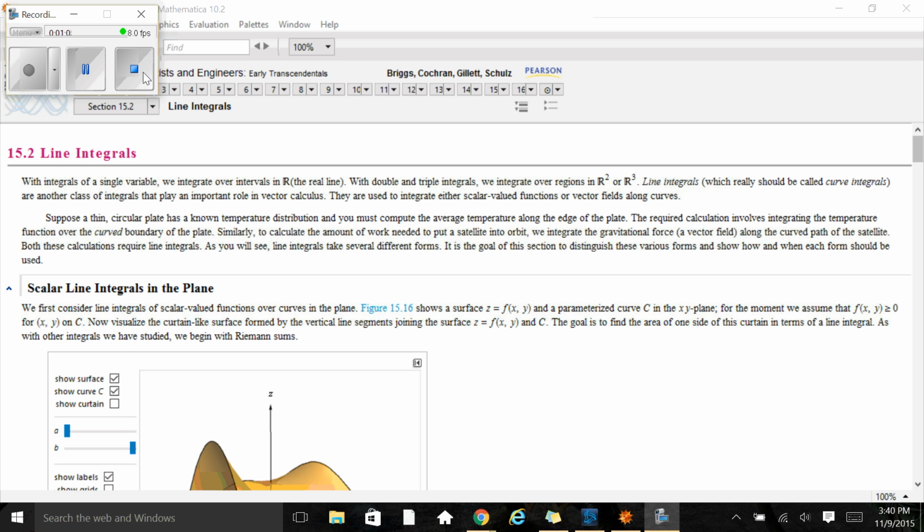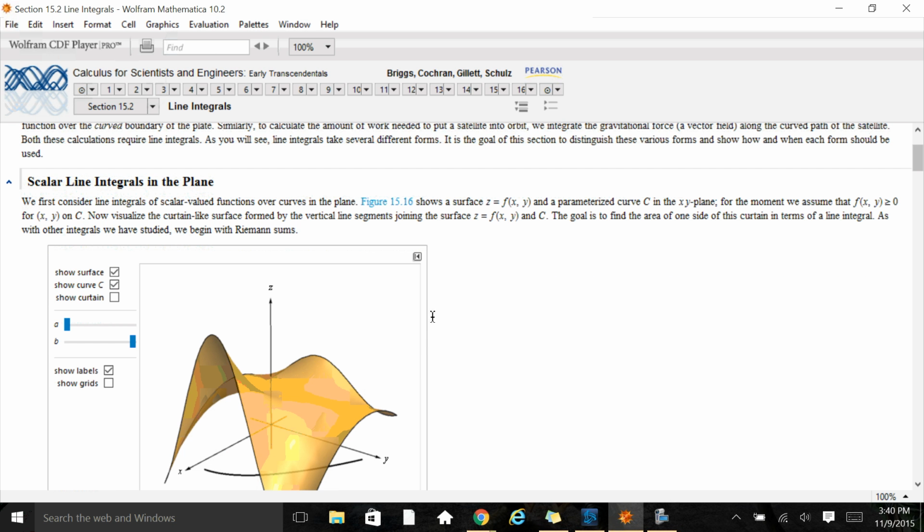Okay, so let's first start by looking at this interactive figure. So we're going to do scalar line integrals in the plane. So first consider line integrals of scalar valued functions over curves in the plane. We have a surface and a parameterized curve C in the xy plane.